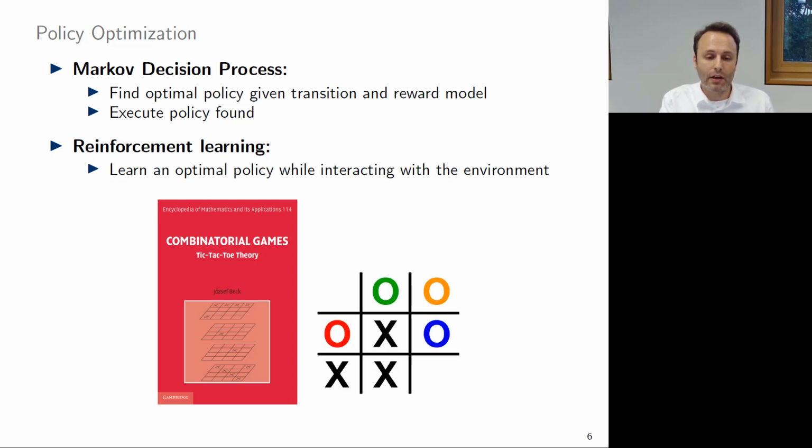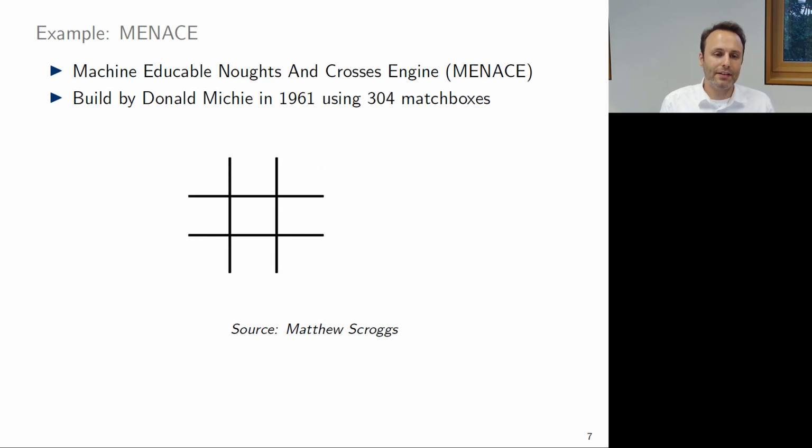And we're gonna see how actually reinforcement learning works by this fascinating example from the 1960s, before the widespread use of computers. Actually, Donald Michie invented a machine that is called the Machine Educable Noughts and Crosses Engine, for short MENACE.